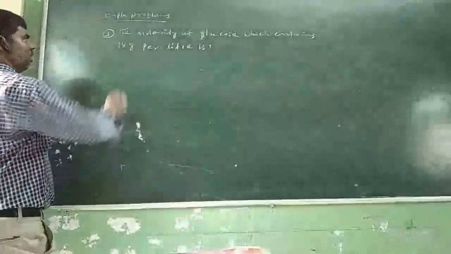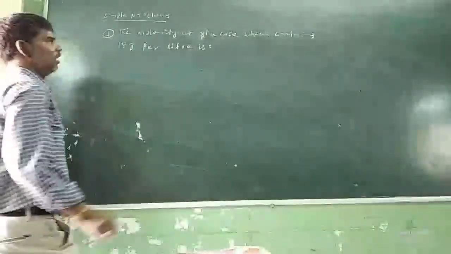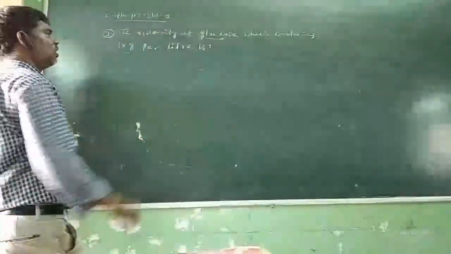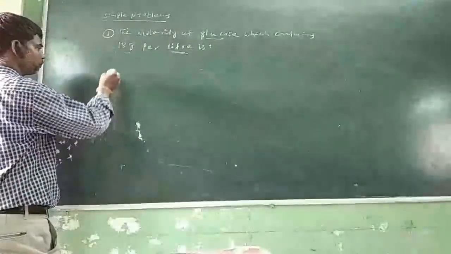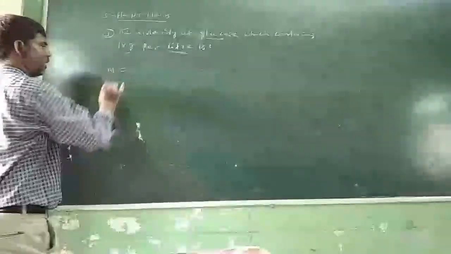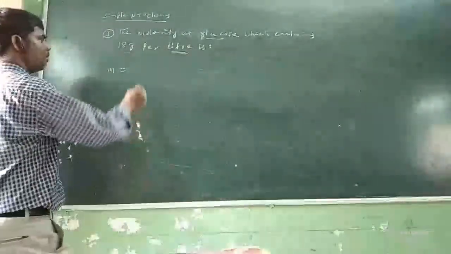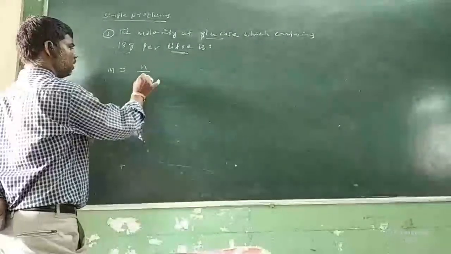Here we are going to calculate the molarity. The glucose compound is given, 18 grams per liter. Remember that molarity M is equal to the number of moles n by volume in liters.